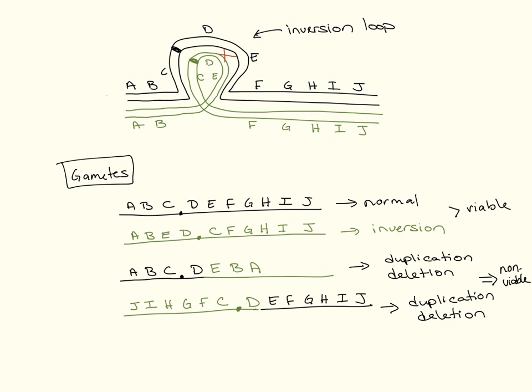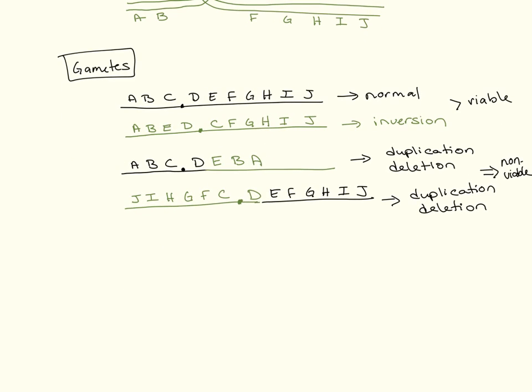As we saw with the paracentric, now we end up with 2 out of 4 gametes are viable, and the lethal gametes are, again, the recombinants.